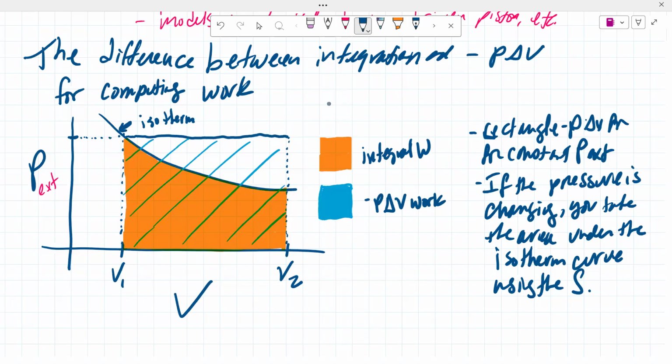Isotherm means that it is at constant temperature. If the temperature starts changing, we need to have a 3D graph and not a 2D graph. Right now, we're going to keep it simple and say the temperature stays the same, which of course isn't realistic because you cannot exactly enforce that in real life, but approximately.